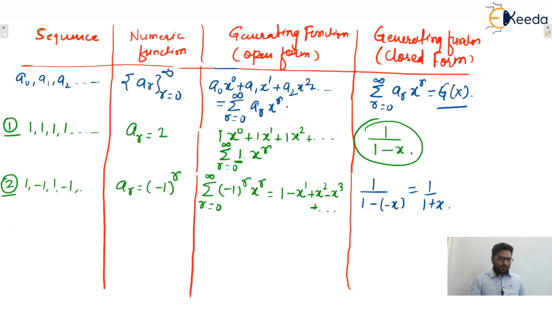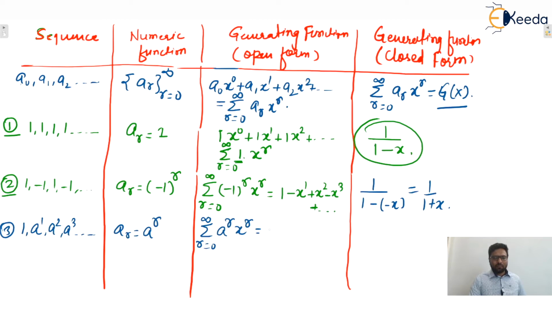Okay, next one, the third one. Let's say the sequence given to you is 1, a power 1, then a square, then a cube up to infinity. Then a_r is a raised to power r. Then the summation r is 0 to infinity of a raised to power r multiplied with x raised to power r.